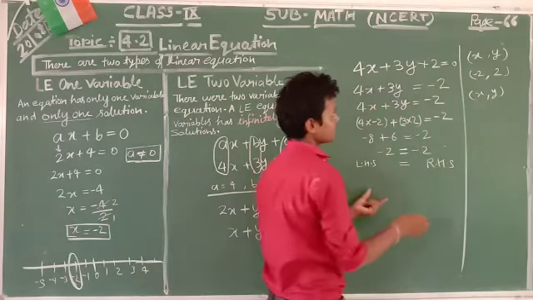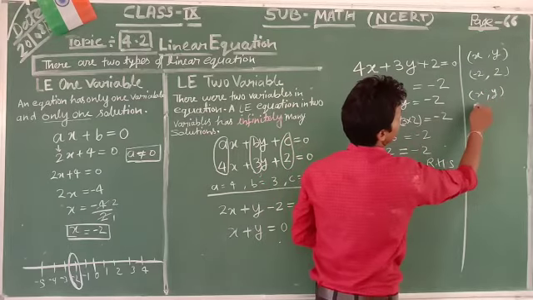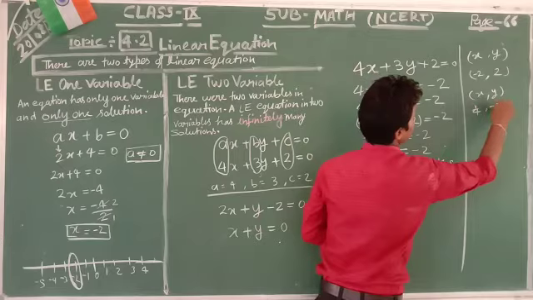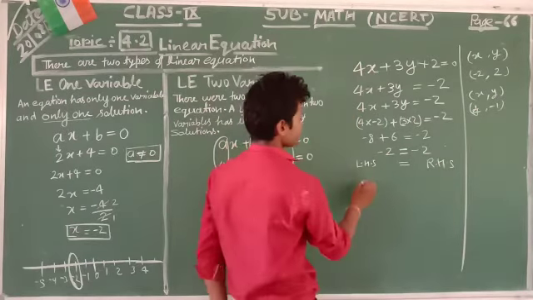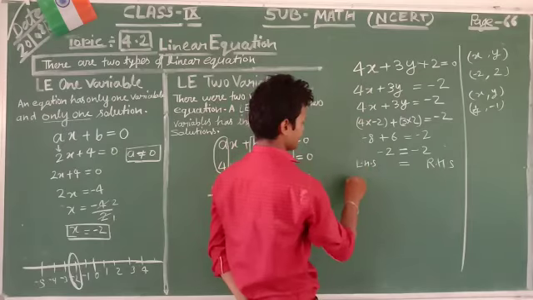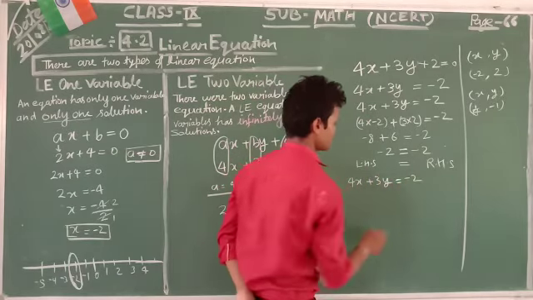And you search for one more root for this equation. So I search 1 upon 4 and minus 1. Same equation, 4x plus 3y is equal to minus 2.